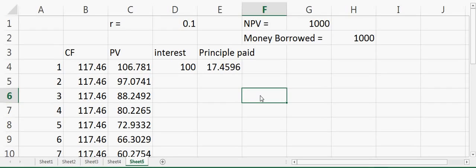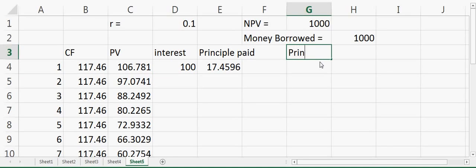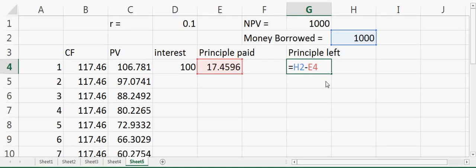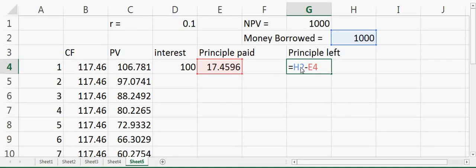Next year the principal left will be equal to money borrowed minus principal paid, right? I'm putting a dollar sign on it. So now this is the principal left.